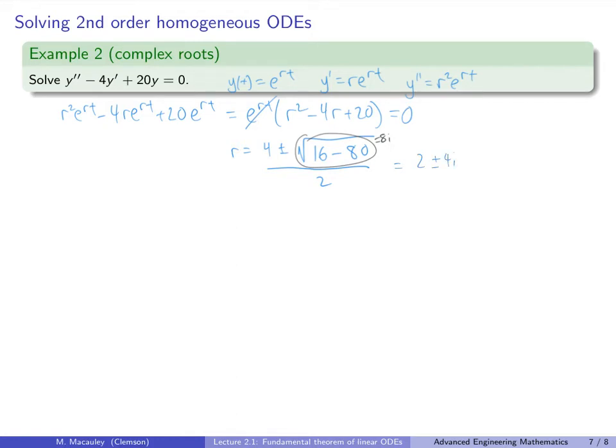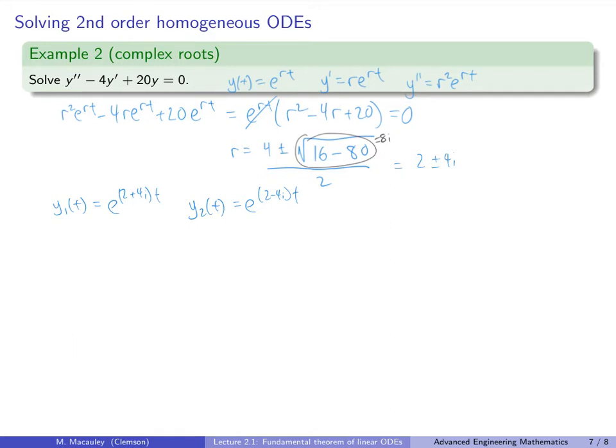So what that means is we have two solutions: y1(t) = e^((2+4i)t), and y2(t) = e^((2-4i)t).